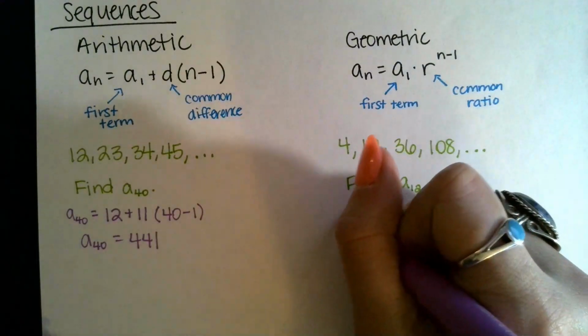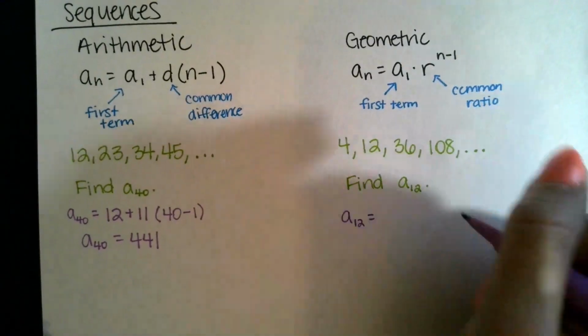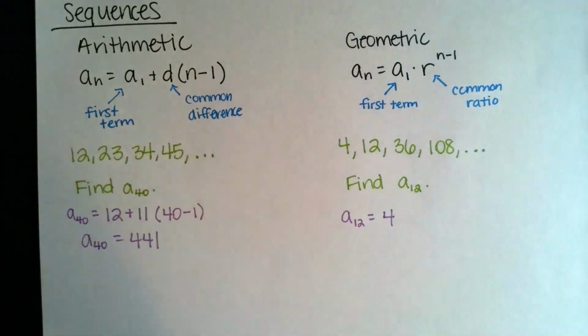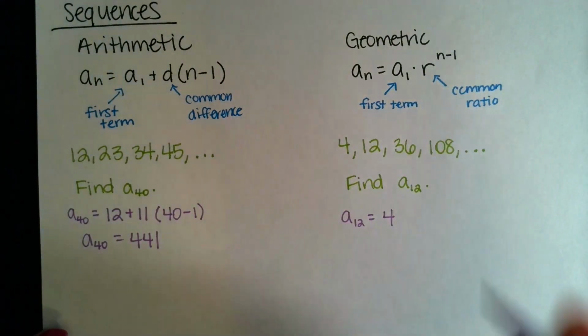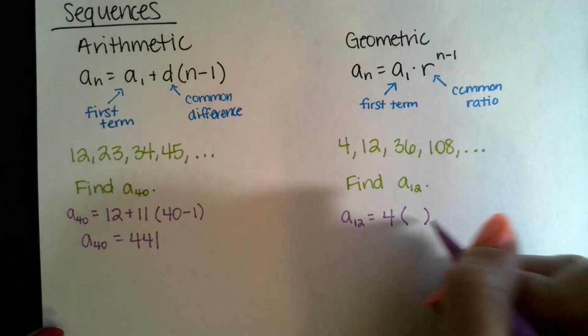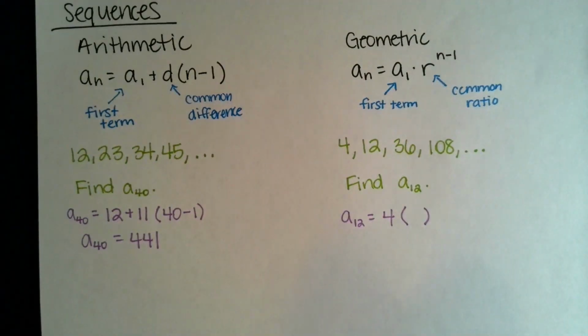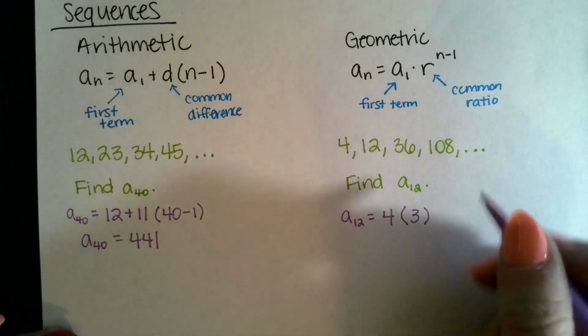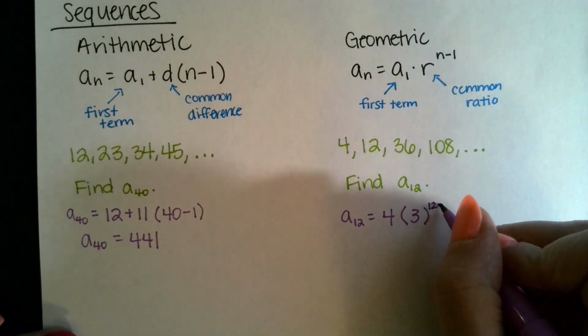So we plug this in, a sub 12 equals the first term, which is 4. We put our common ratio in parentheses every single time. What is the common ratio? 3, to the power of n minus 1.